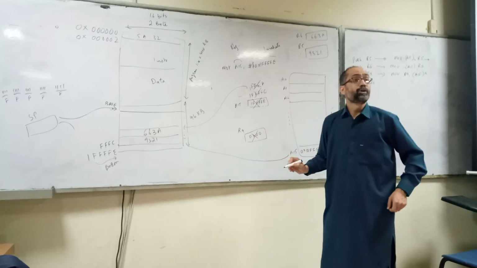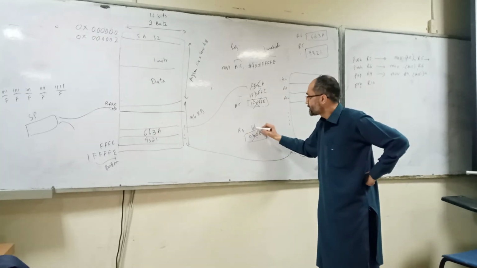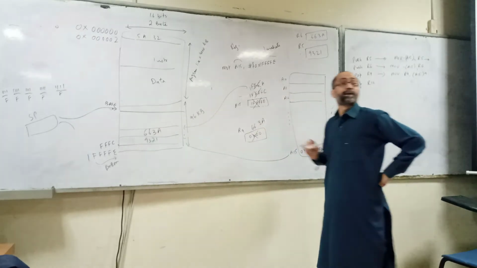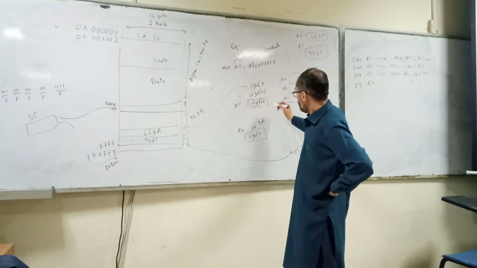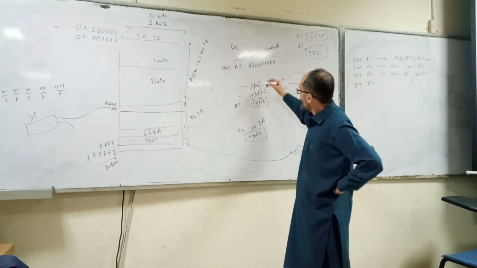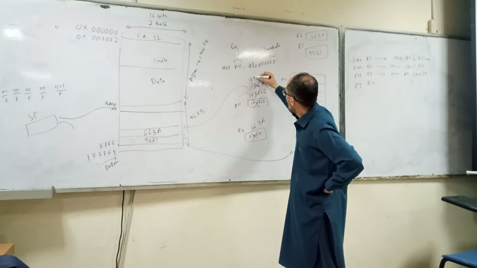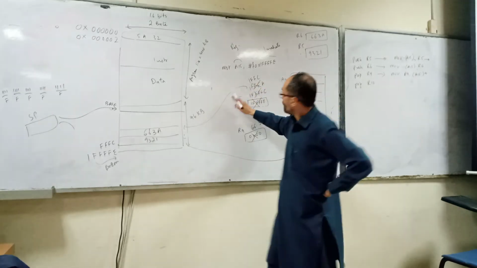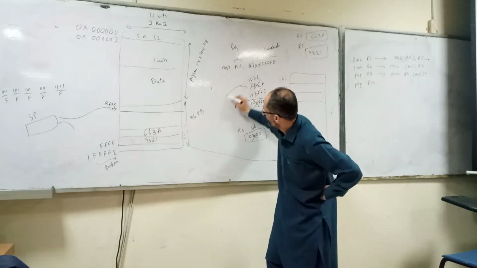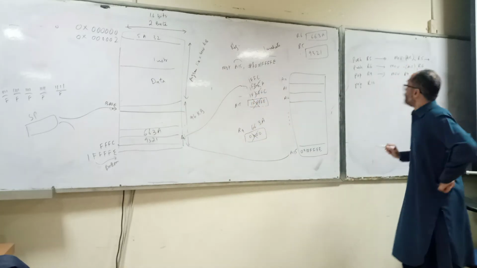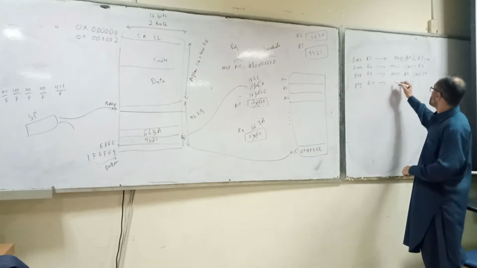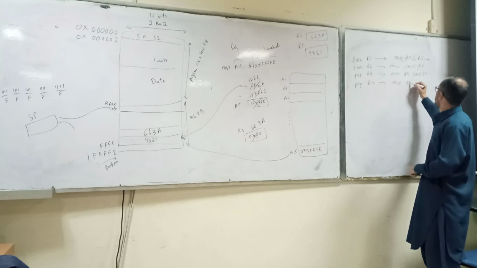What is the value of R9 now? 663A. This 663A will be moved, and again the new value will be 1FFFC. Now the stack pointer will point to the next location.